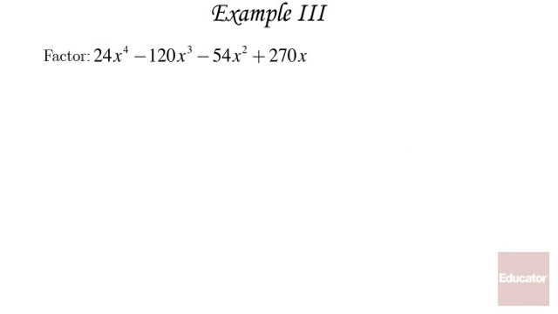Okay, in my next example, I have a polynomial with 4 terms. And again, when I see large numbers, and I see there's the same variable in each term, I'm really thinking about greatest common factor, which would make this much easier to work with. It might not be obvious what the greatest common factor is.